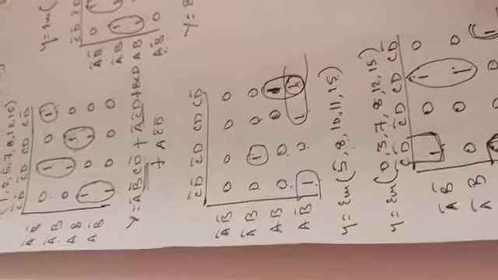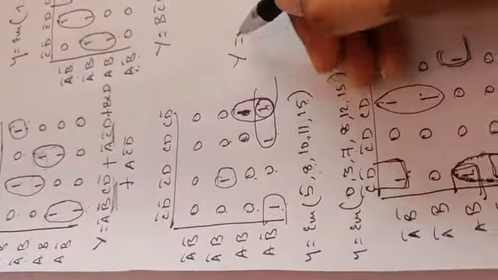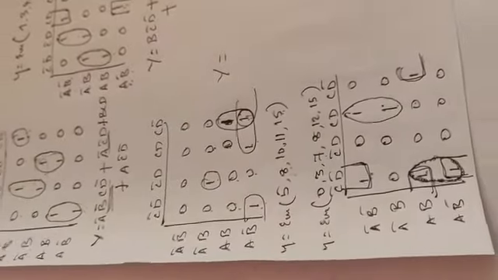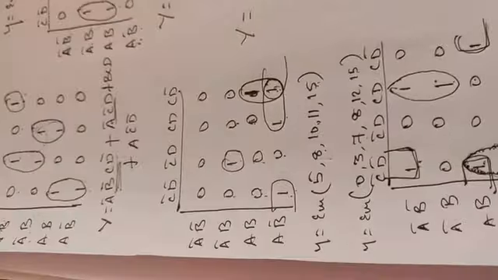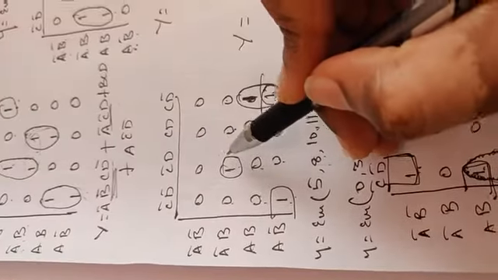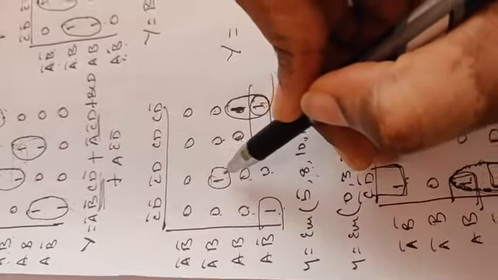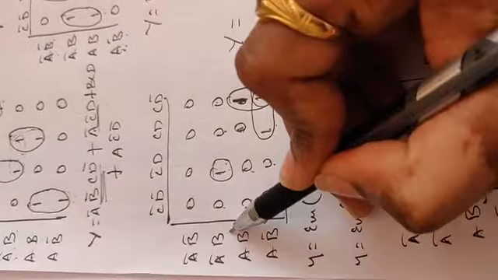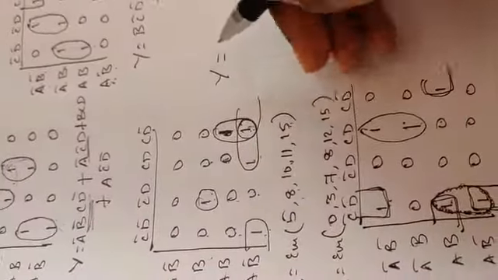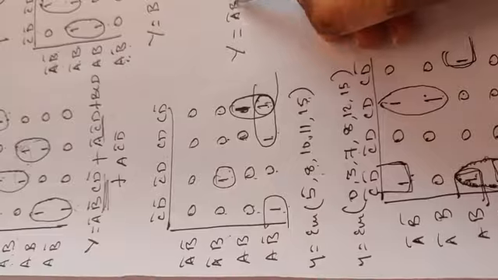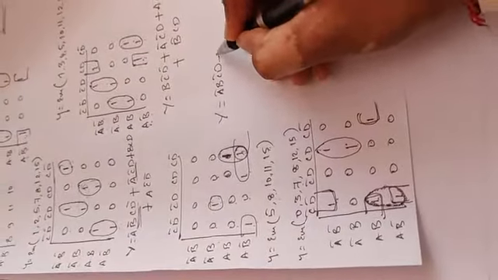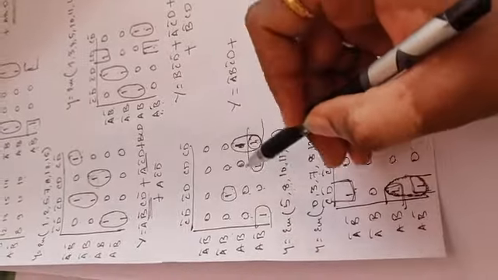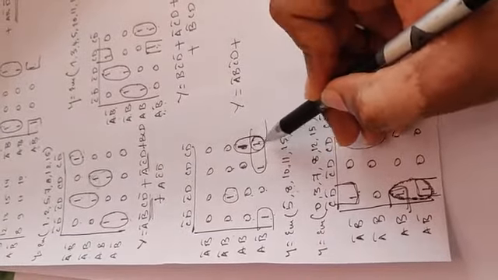Let me go here. Okay, first let me go with this isolated one. A bar B C bar D, just write as it is. A bar B C bar D, plus there are 3 groups here.